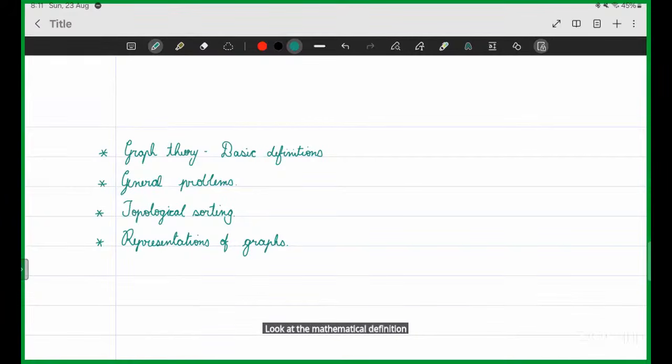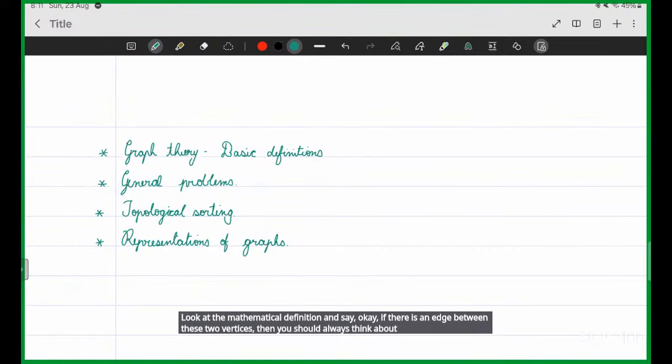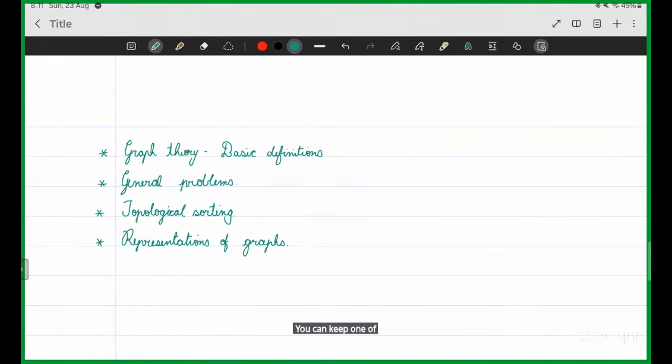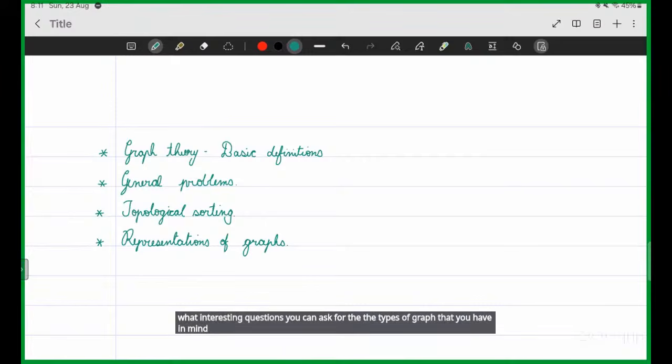Once I give you a few prototype examples of graphs, you can keep one of them as a prototype in your mind, and whenever we discuss any concept, you can see what interesting questions you can ask for the types of graph that you have in mind. So actively you should try to connect it with real world problems rather than just learning it theoretically as a subject of mathematics.